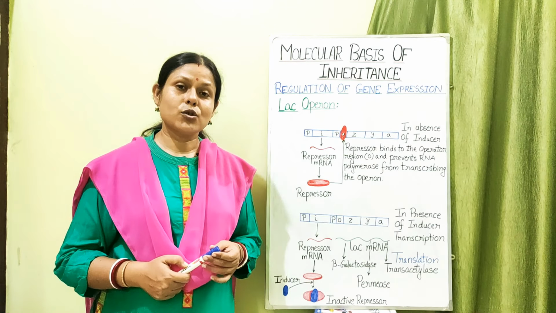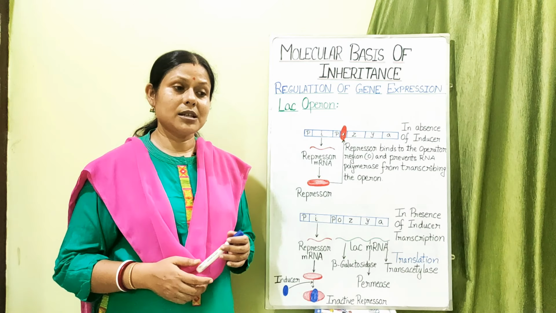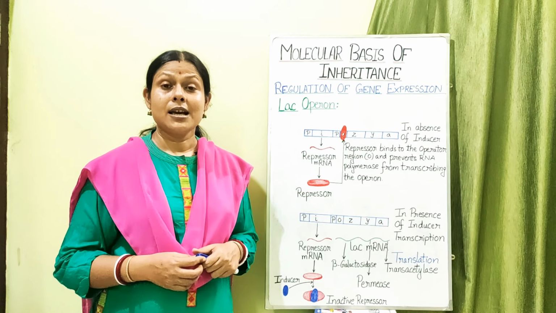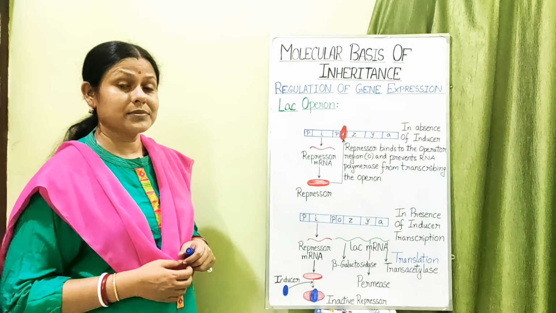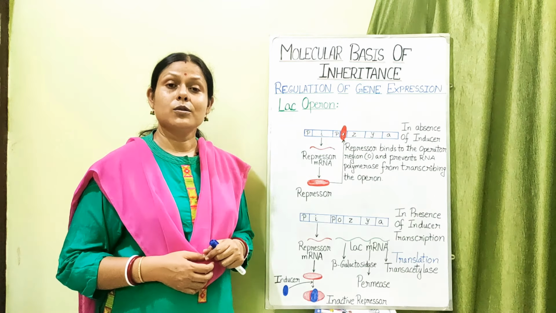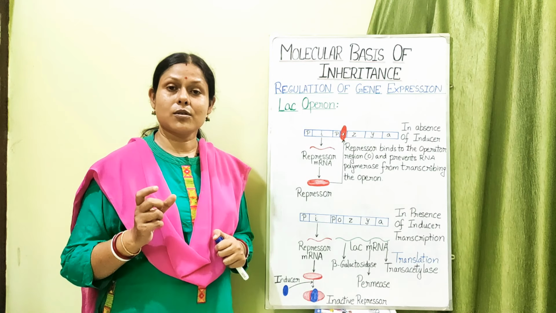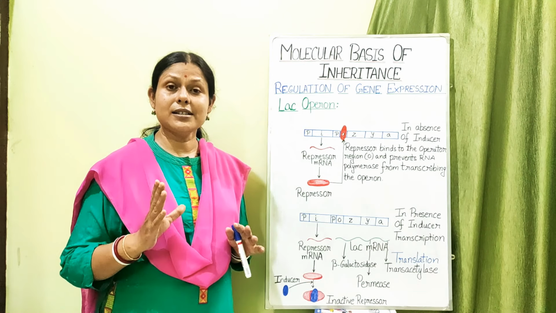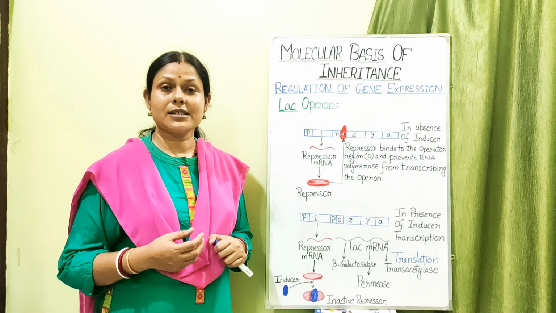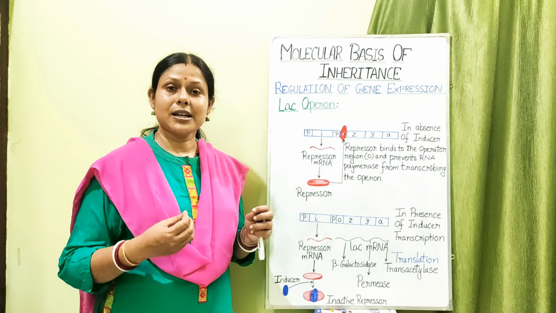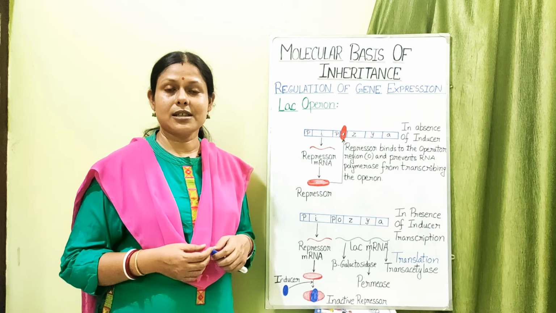Now the translation in the eukaryotic cell also takes place in a very regulated manner. In the translation process, a specified tRNA containing the specified amino acid comes and binds with the codon present in the mRNA.